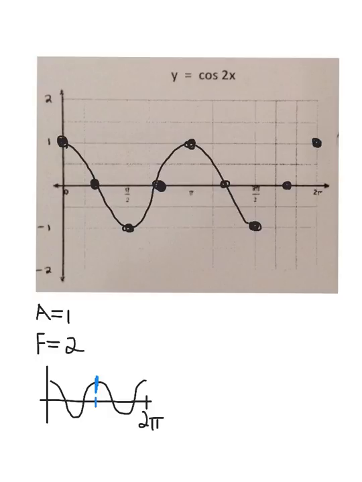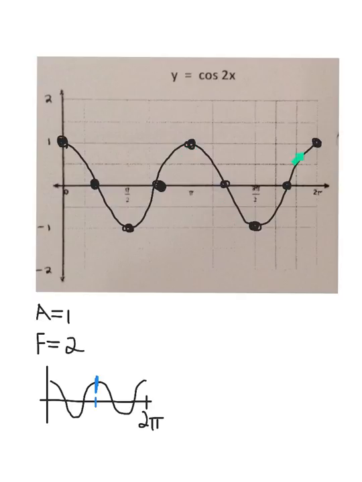So there we go again, and there we go again. All right, so let's just double check. From 0 to pi, that's 1 curve, and from pi to 2 pi, that's 2 curves. The definition of frequency is how many curves you have from 0 to 2 pi.